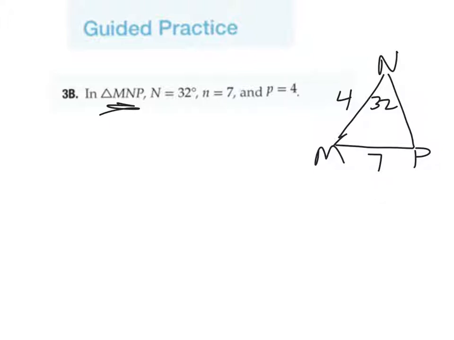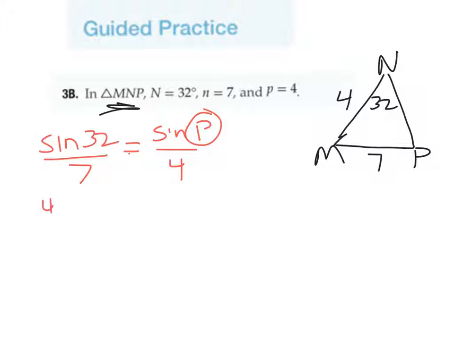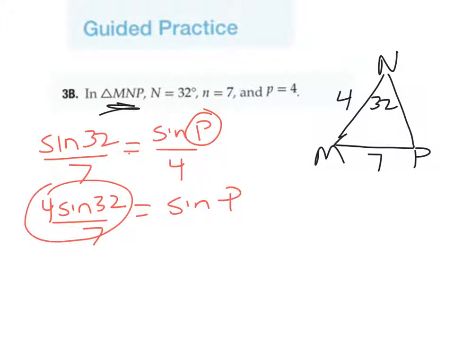So I'm going to use what I have. In this case, I'm going to go sine of 32 over 7 equals, and since I have the 4, I have to put the 4 on the bottom, and it's across from P, so I want to find the sine of P. So once again, we're trying to find P, so I'm going to multiply 4 times sine 32 over 7 equals my sine of P. Do this in your calculator, and once again, I want to remind you, do not round this as you're doing the problem, so I'm writing what I have in my calculator.